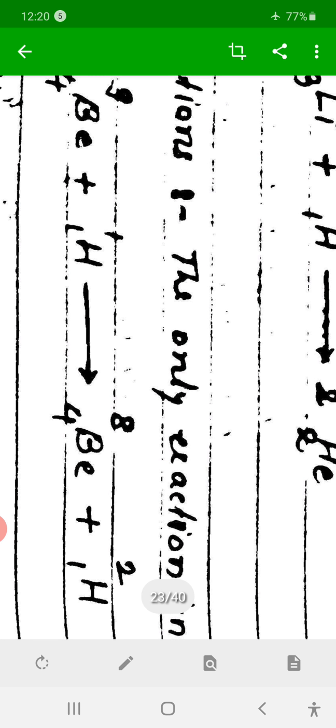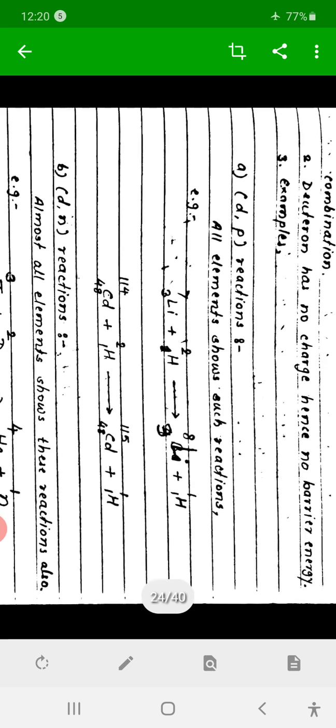Atomic number 1, mass number 2 means deuteron, H12. These are some examples of reactions with proton as a projectile.